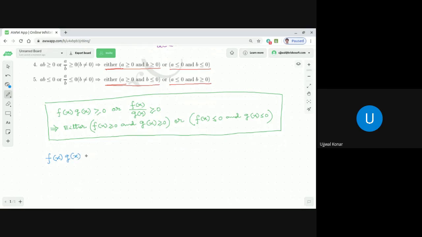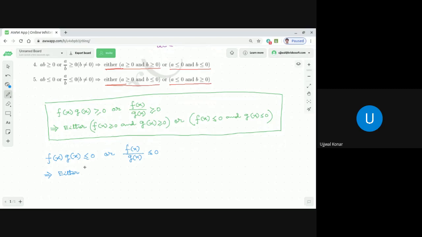In a similar manner, if you get f(x) into g(x) is less than equal to 0, or f(x) by g(x) is less than equal to 0, then what we can conclude? This implies, first and foremost, the English statement before writing anything: either f(x) is greater than equal to 0 and g(x) is less than equal to 0, or the vice versa, the converse of this thing.